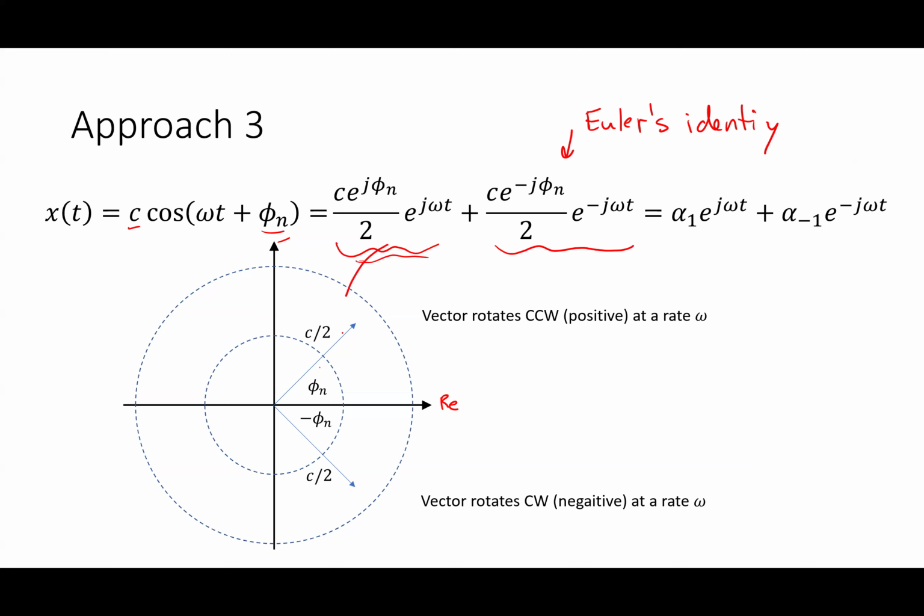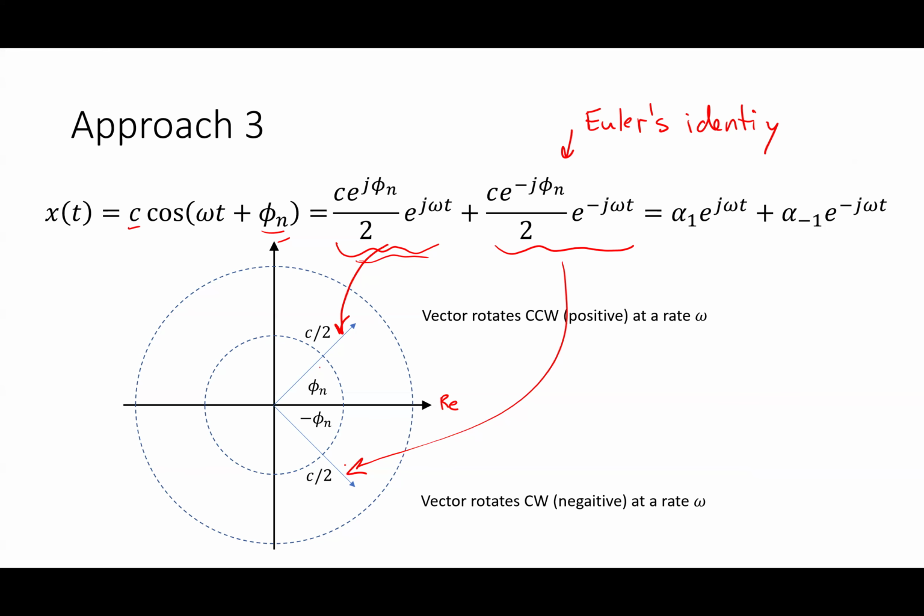The one that moves in the clockwise or negative direction is this one. Now, I have plotted these in this picture at t equal to 0. And I'm saying that this angle from 0 to here is phi sub n, and the angle from here to here is negative phi sub n.